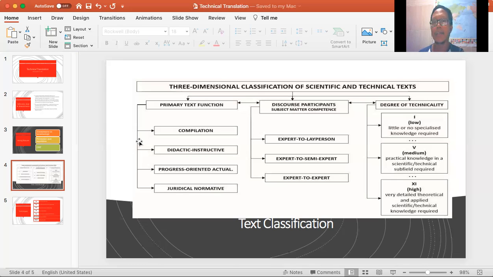And then when it comes to the participants, this actually includes or involves the writer and also the reader. So whether the text that you translate is coming from an expert and the readers are laypersons or common readers, or it is from an expert to a semi-expert, or from expert to expert.